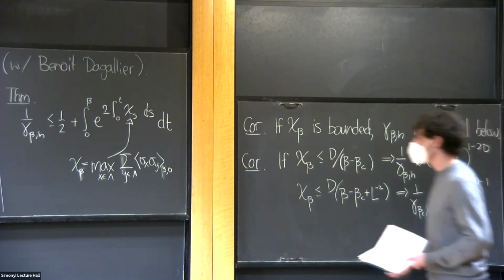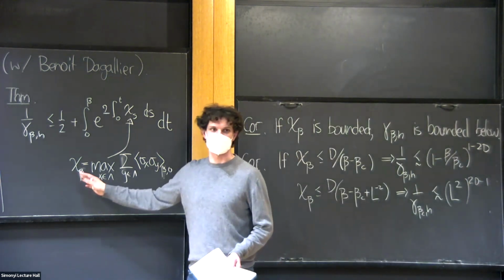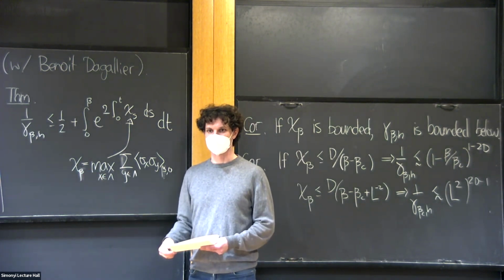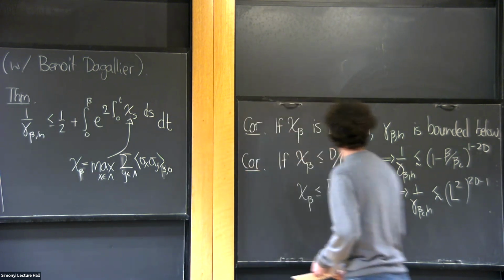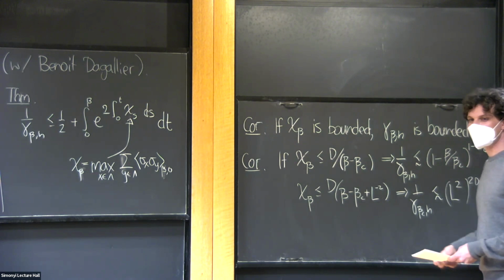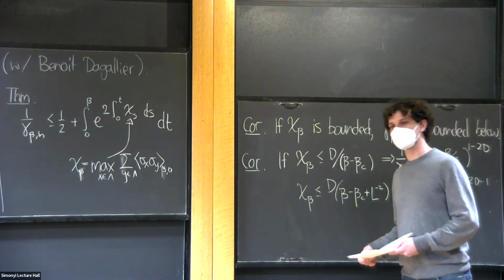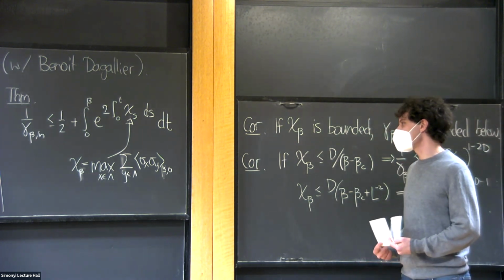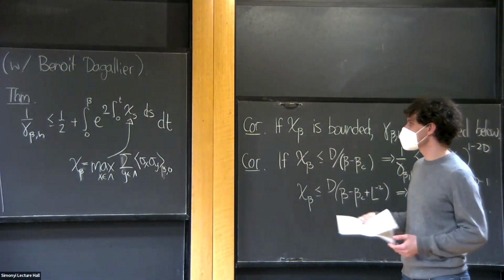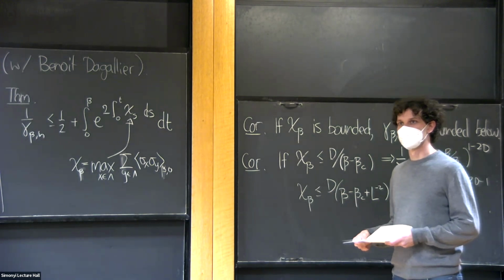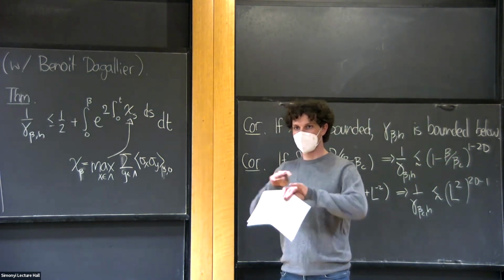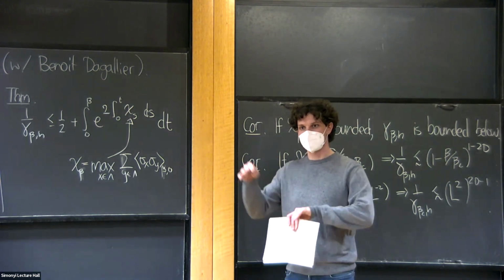I don't think you could get it under an assumption just on the susceptibility. I think you need to know more to get the right exponent. Okay. But is that the same as the z exponent? I don't think it's the same. This is a global in space way to measure the relaxation.